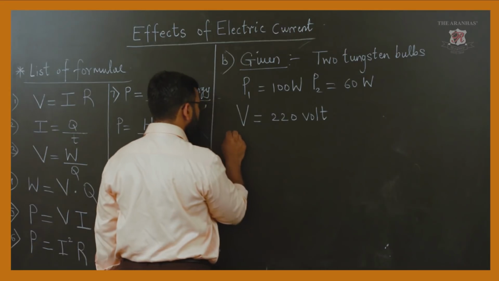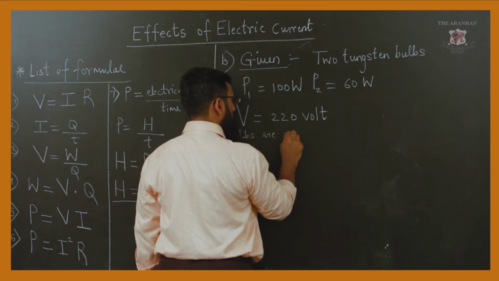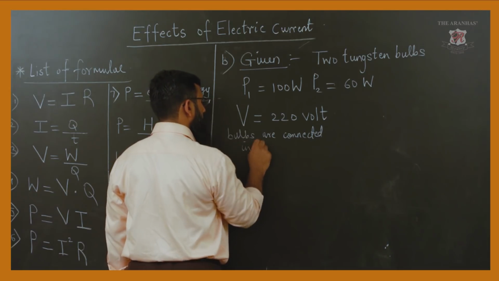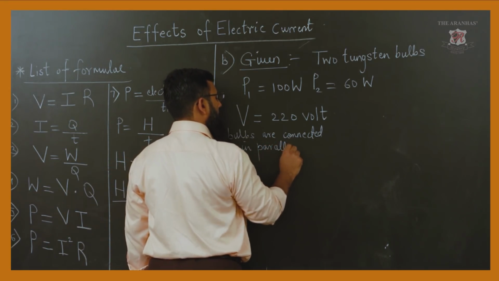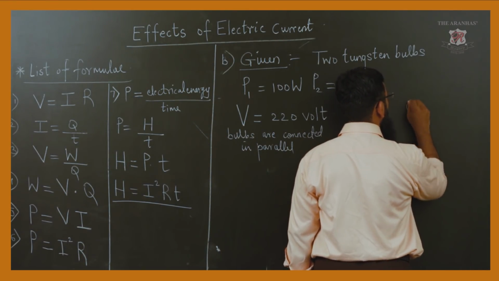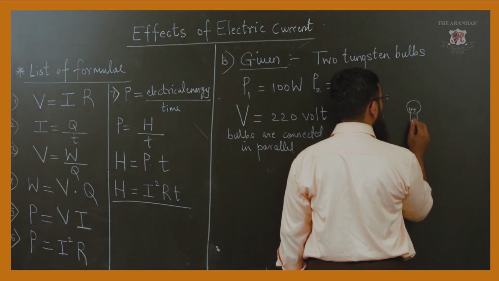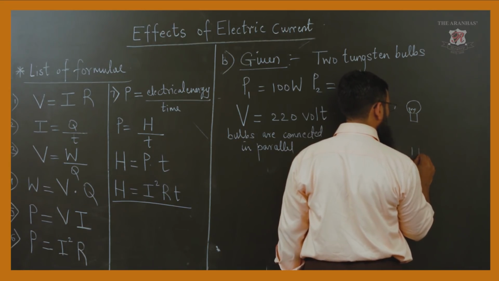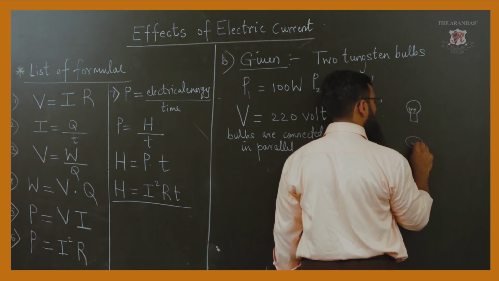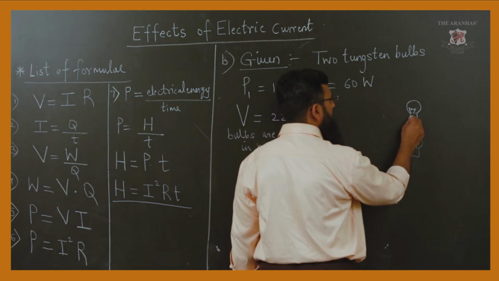The bulbs are connected in parallel. So, what I can do for you is, we can draw a rough sketch where we show those two bulbs which are connected in parallel with respect to each other.